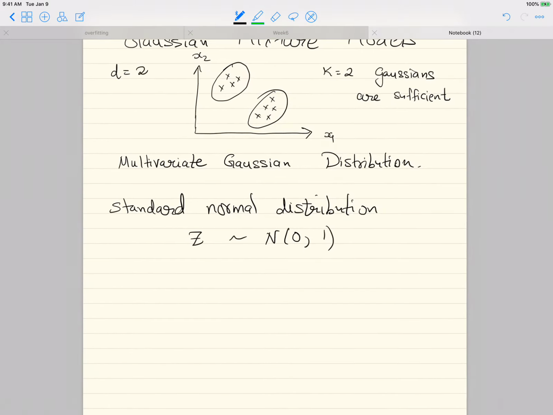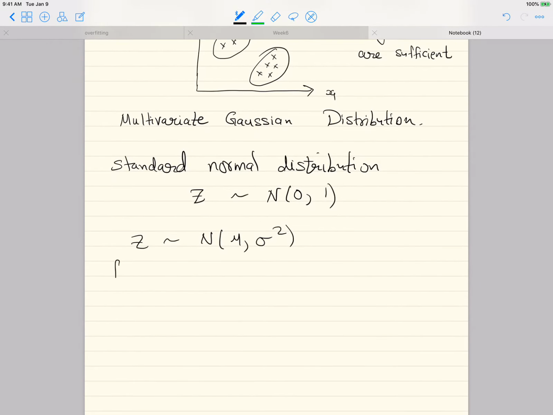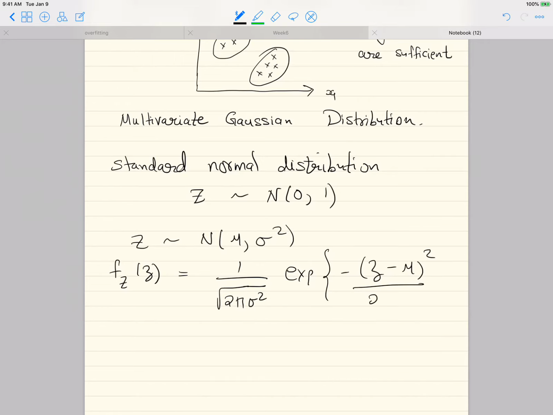Now there is a generalization of this. If Z is Gaussian with mean mu and variance sigma square, then f_Z is 1 by root 2 pi sigma square under the square root, exp minus (z minus mu) square by 2 sigma square.